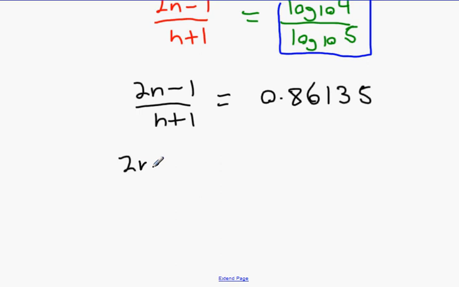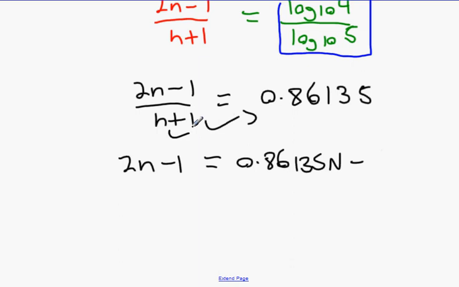Okay, guys. Multiply across: 2n minus 1 equals 0.86135 times n plus 1. I'm multiplying these two by this one. Now, guys, bring the 1 over one side and bring this one over the other side.